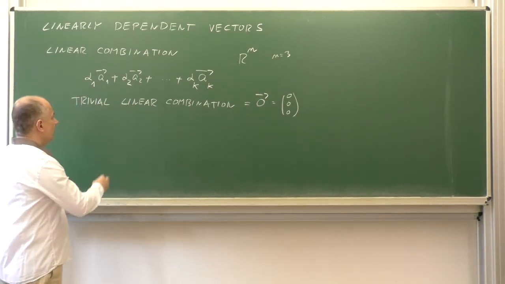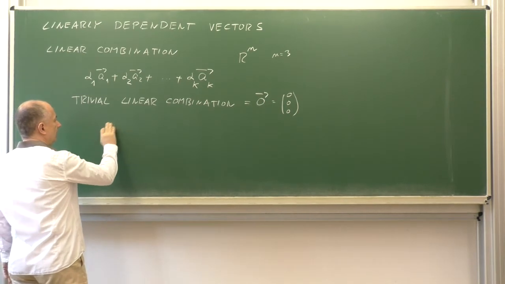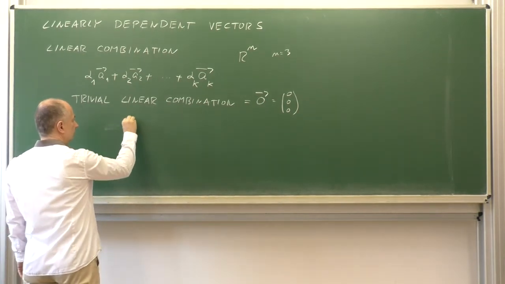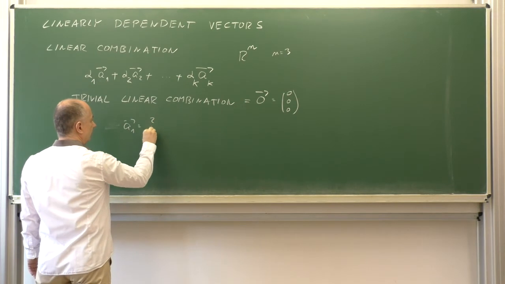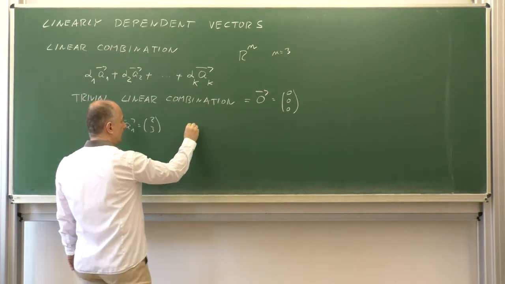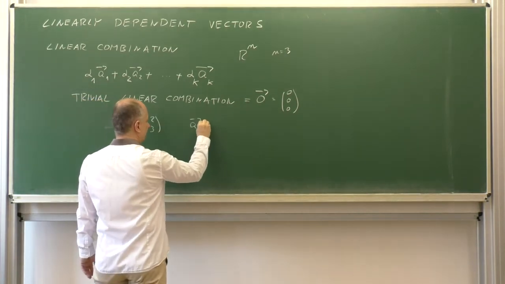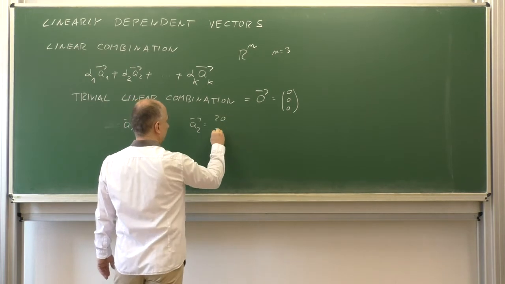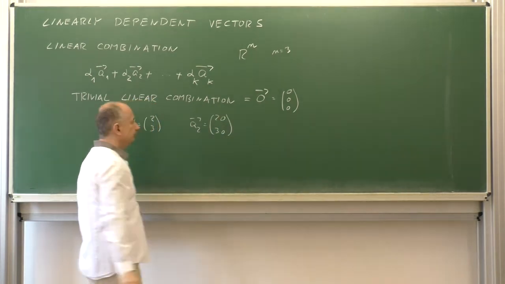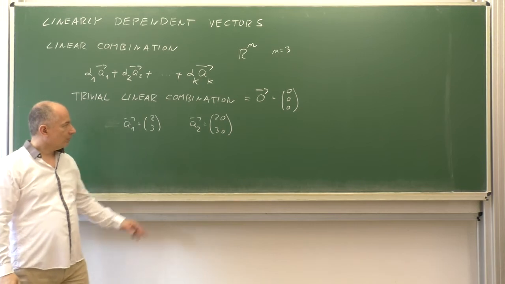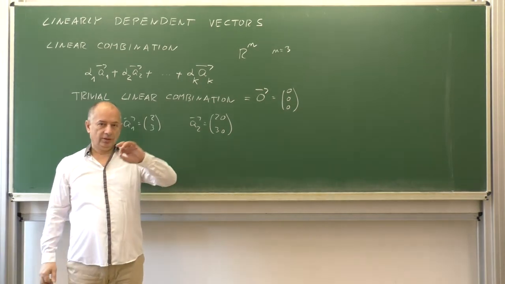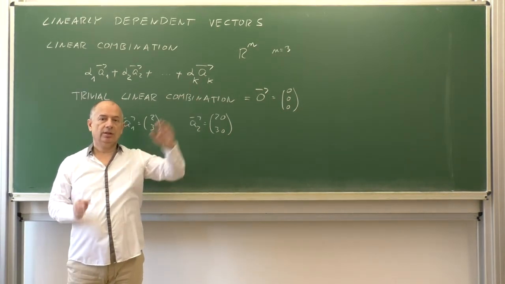Well, let me start with a little example. If the first vector is, say, 2, 3, and if the other vector is, say, 20, 30, that means the vector in the same line just 10 times longer.